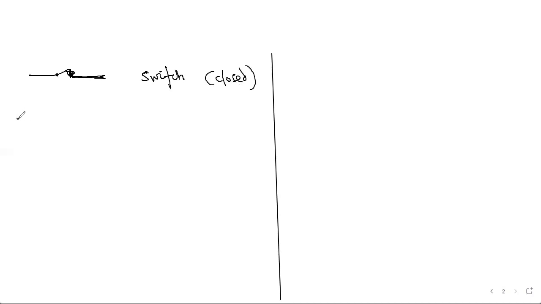If it is open, you draw it like that. So this is open. When the switch is open, there is no current flow. The circuit is an open circuit.